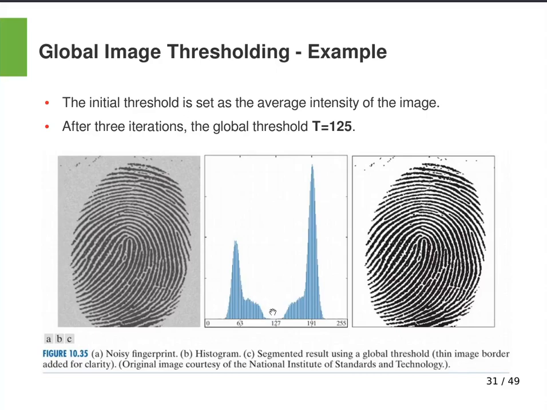As you can see, we have two distinct ranges of intensity values. What we end up doing here is that we start from the average value of the whole original image, and after 3 iterations the global threshold is 125, and this is the final result after you apply the global thresholding.